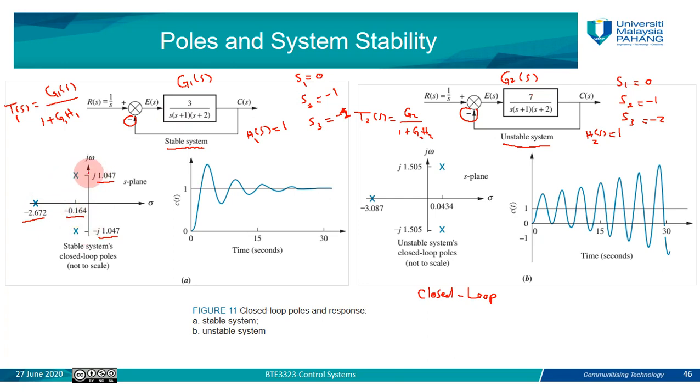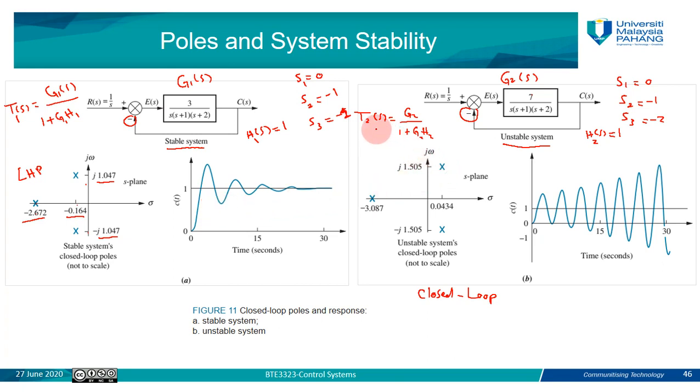Since our poles are all on the left half plane, and the others are on the imaginary axis, it will be marginally stable at that point. We do not have any poles on the right side, so the system is stable in this case.